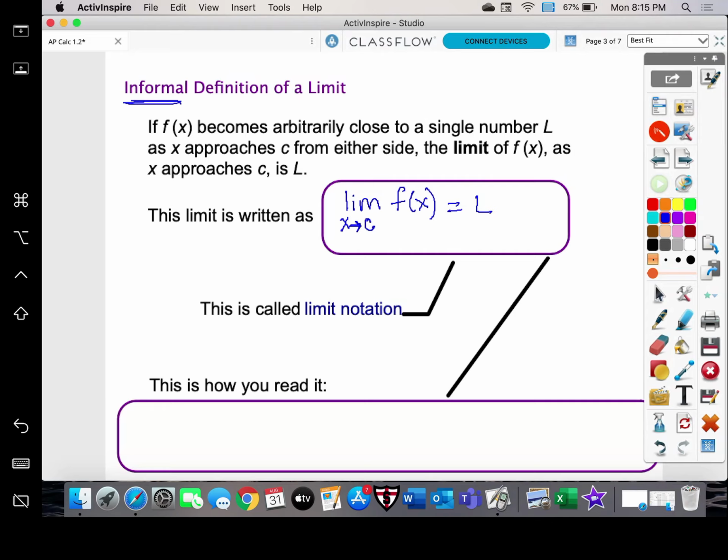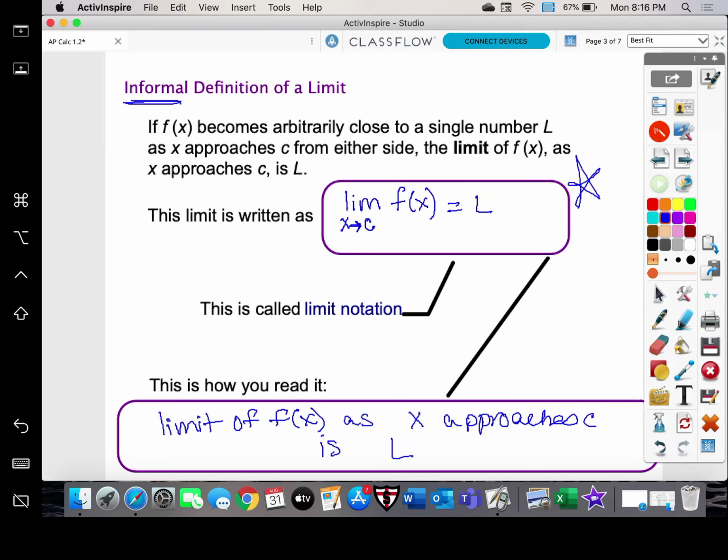This notation is super important. You absolutely need to know it. How you read it is: the limit of f of x as x approaches c is L. It's super important that we all say the same things and we all write the same things.